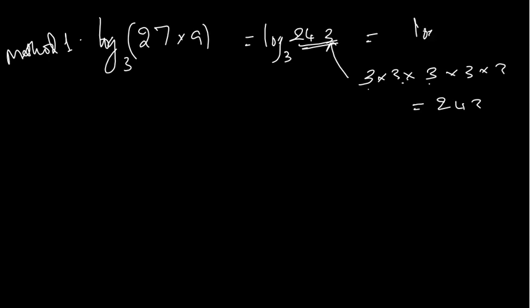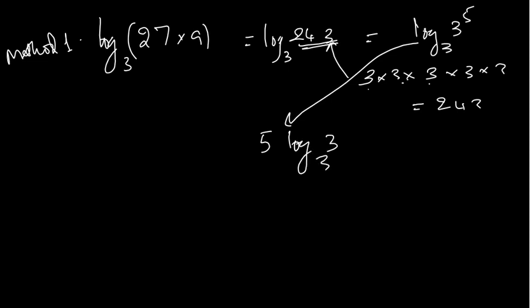So then I get log of 3 to the power of 5 to the base 3. Then the 5 will come to the front, log 3 to the base 3, which is 5 into 1. You got the answer as 5.